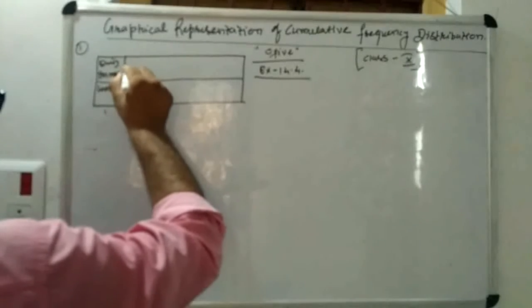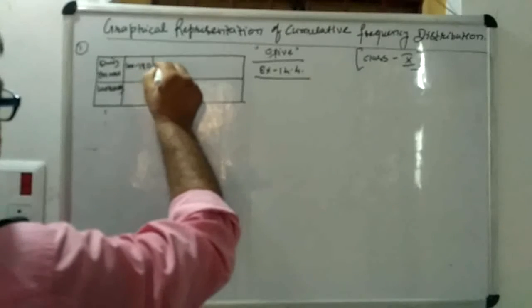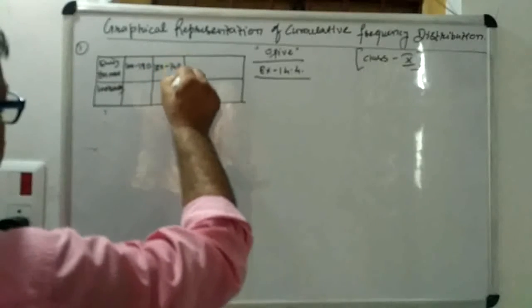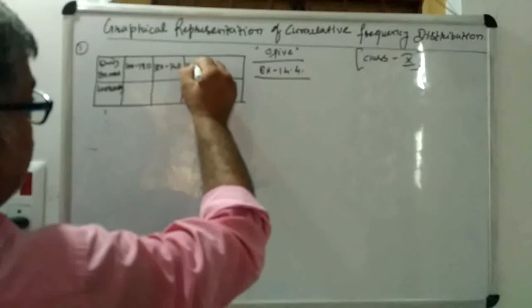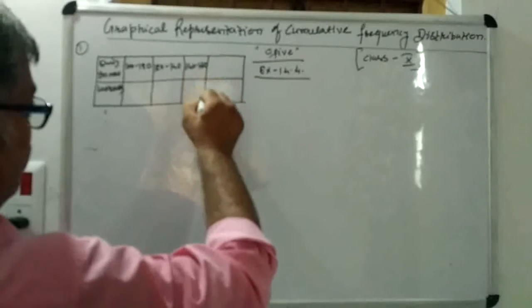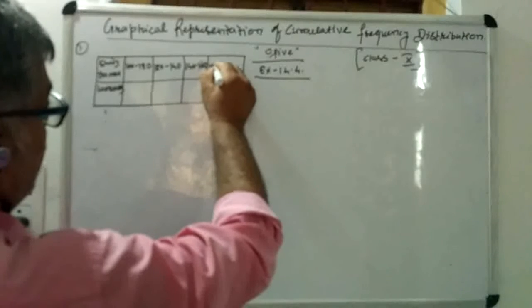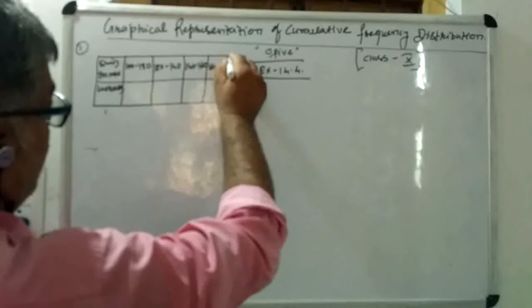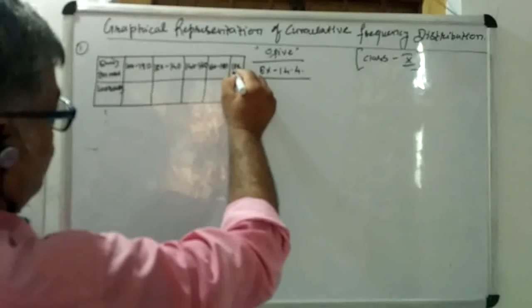What is given? 100 to 120, 120 to 140, 140 to 160, 160 to 180, and last 180 to 200.